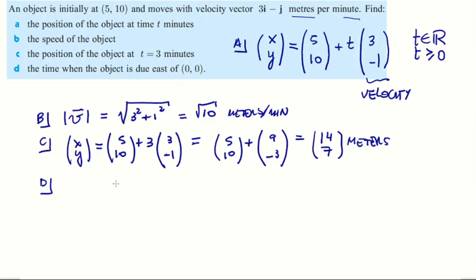So let's say that y is 0. Okay, so if y is 0, take a look at our equation. 10 minus t. So this means that 10 minus t would be 0. So time would be 10 minutes. Right? And that's it. It's as easy as that.